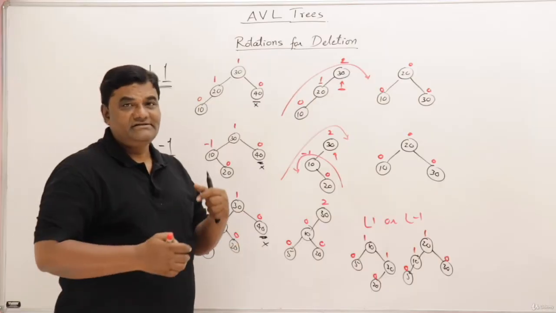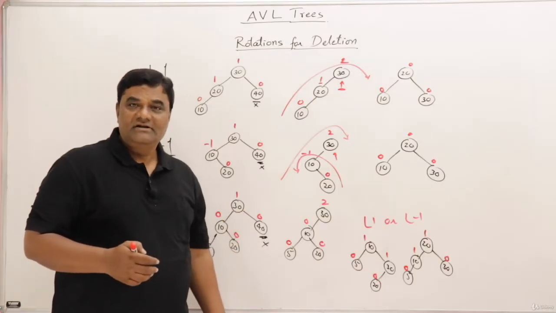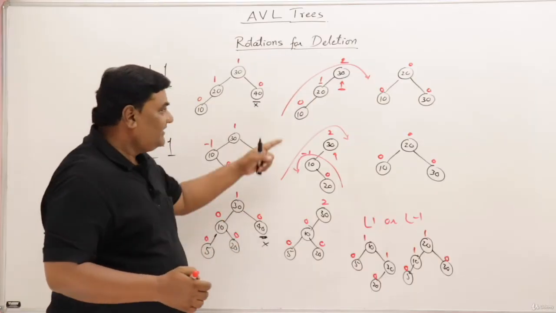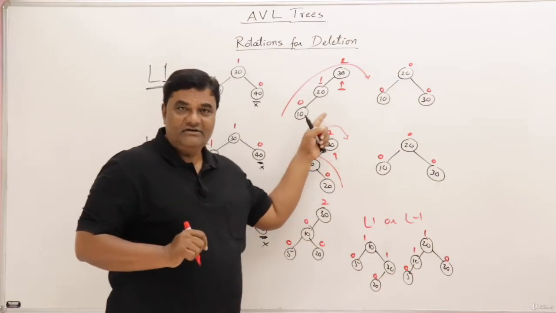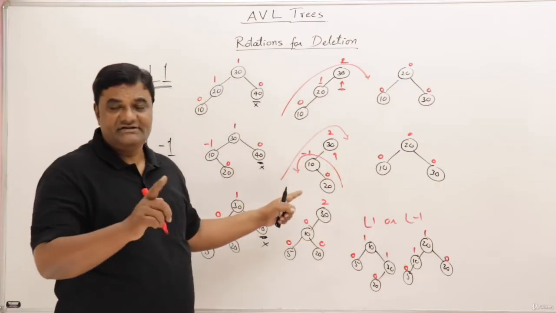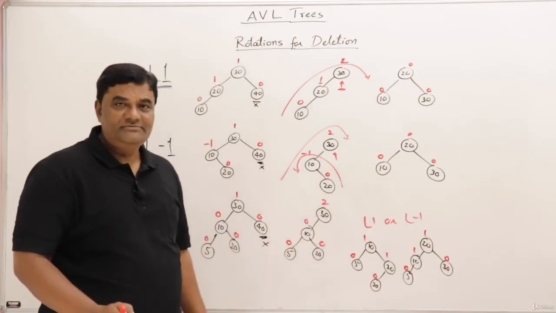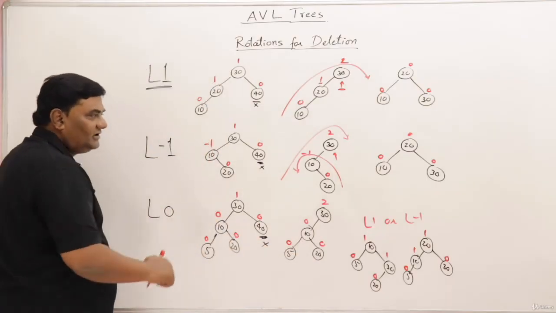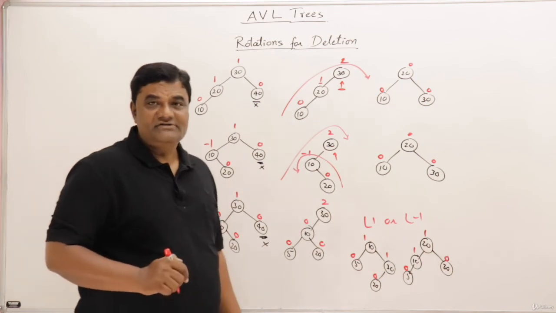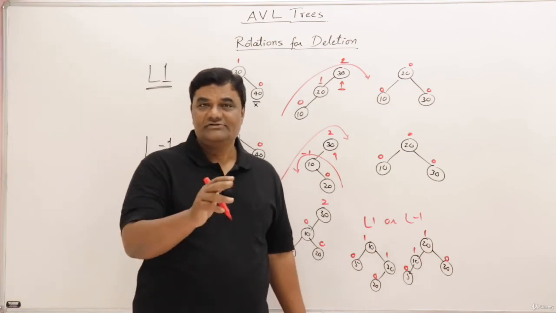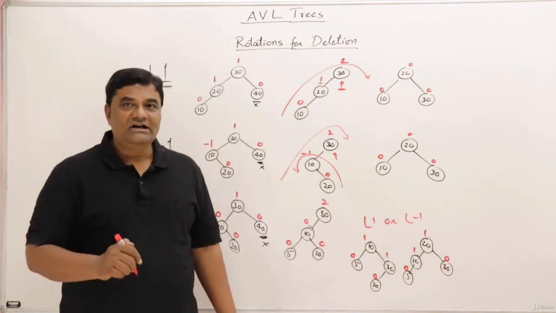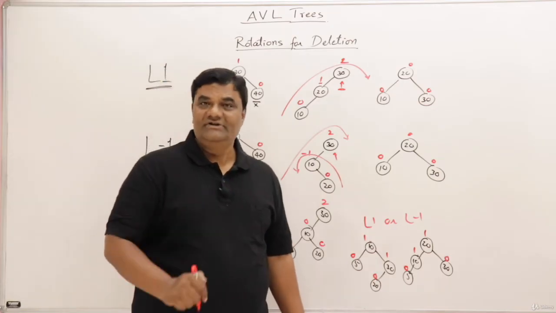So we balance it. Like here we have LL rotation, there we will have RR rotation. Here it is LR rotation, there we will have RL rotation. And here we will have either option when it is R0. So you can try this out by yourself. Three more rotations you can do by yourself. That's all about rotations at the time of deletion.